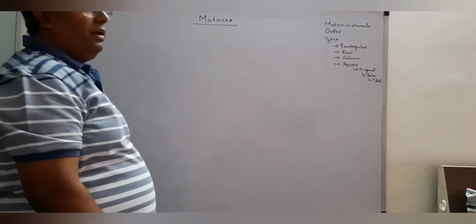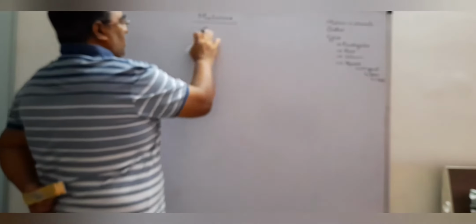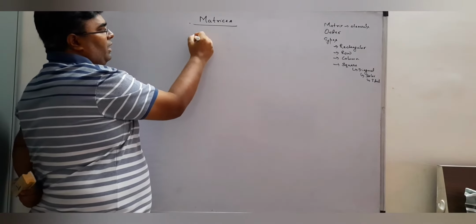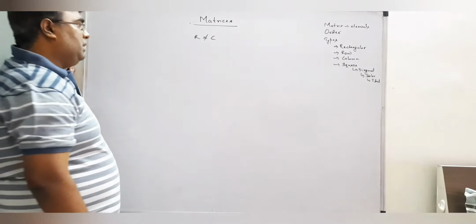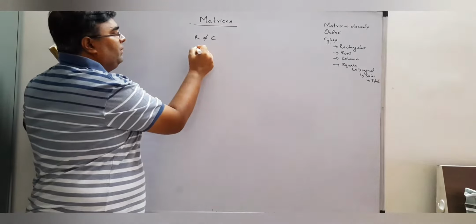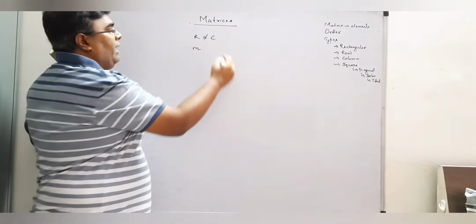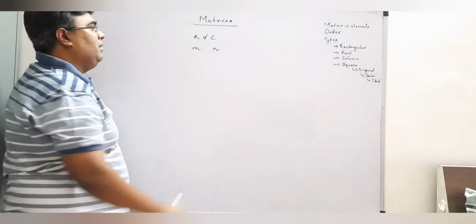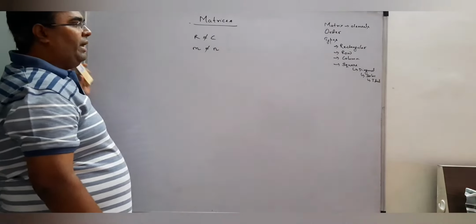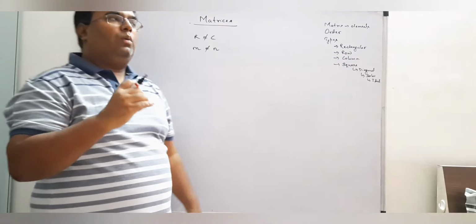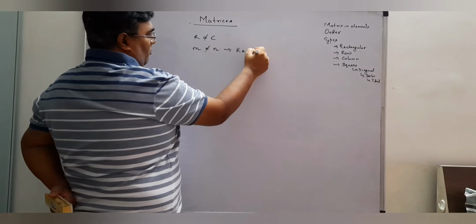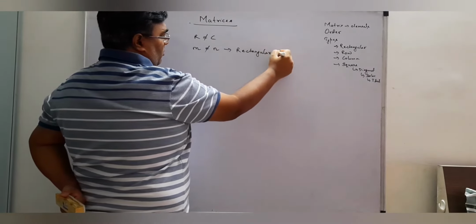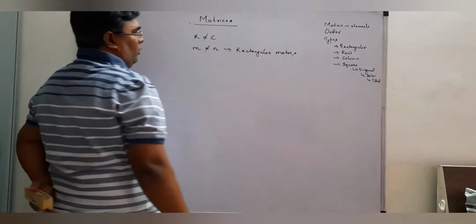First is rectangular matrix. This is any matrix in which the number of rows is not equal to the number of columns. Generally we represent the number of rows as M and the number of columns as N. So M is not equal to N means it is a rectangular matrix.